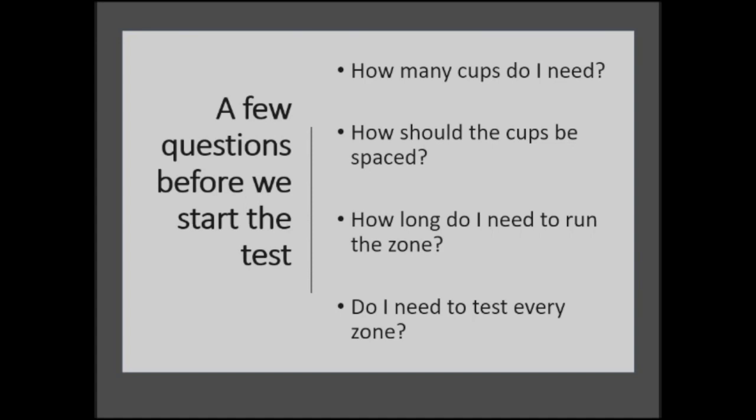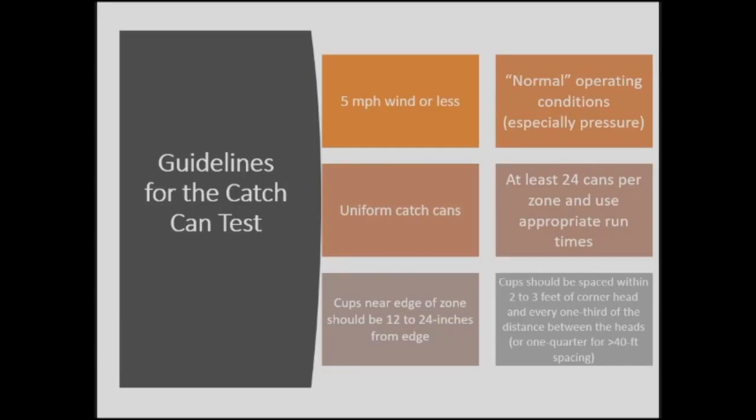So some of the rules of thumb, basic guidelines that you'll see out there: you want to operate under typical conditions, but you don't want wind involved. We're not testing to see how the Oklahoma wind affects your irrigation system, even though I know it's going to. We want to test the system itself, so low wind conditions preferably, because that's when we should be irrigating anyway, right?